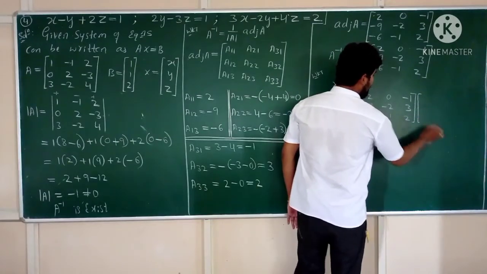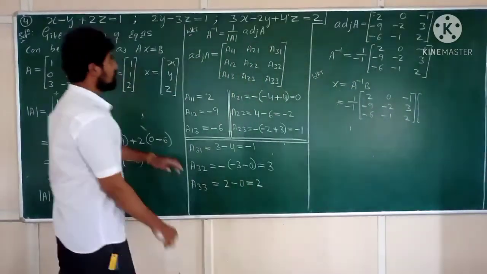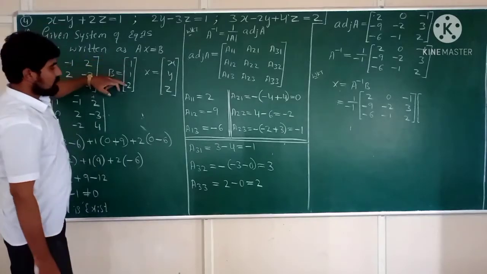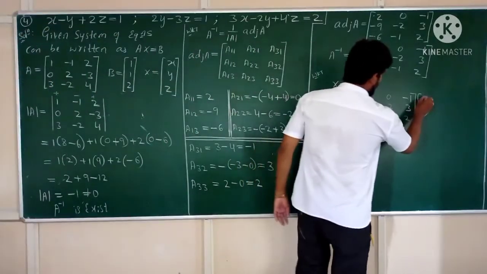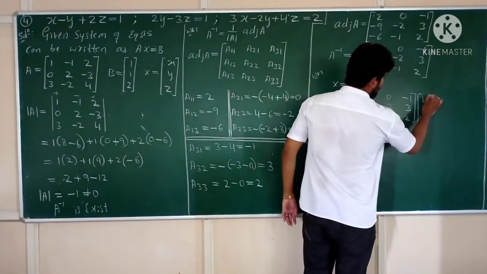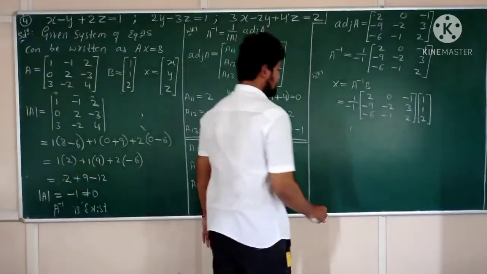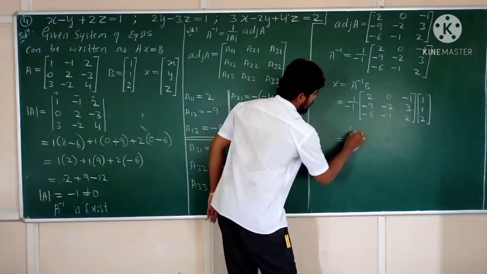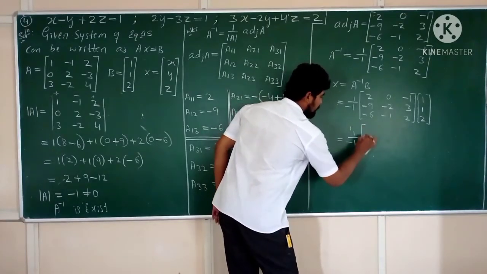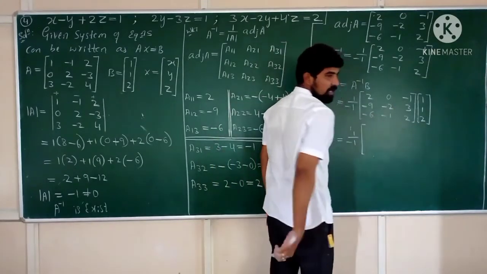And the matrix B is 1, 1, 2. I hope all of you understand it. Which is equal to 1 divided by -1 into the product of these two matrices.